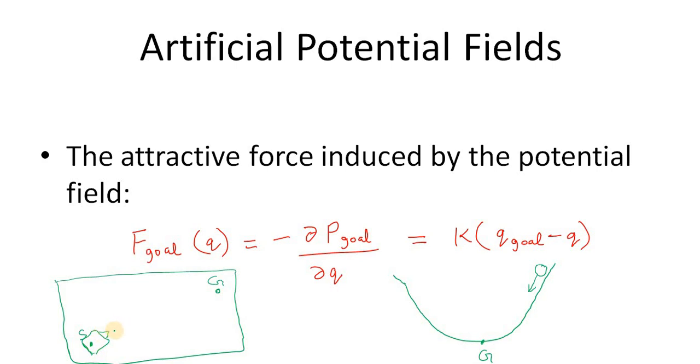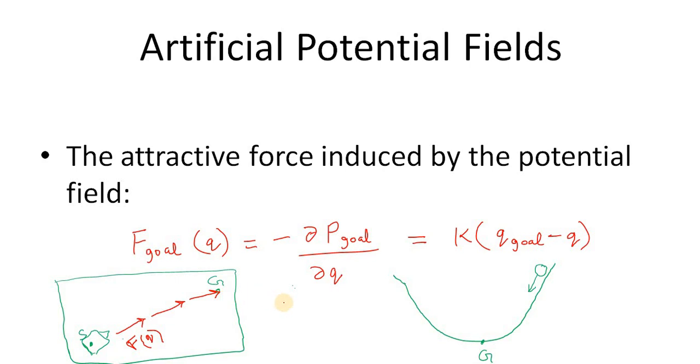It will start experiencing a force which is F goal, so it will experience a force toward the goal, and the value of this force will be F of Q, and based on this force the robot will start moving toward the goal, and when it reaches the goal then it will stop. So this is actually what's happening in the real world, okay?